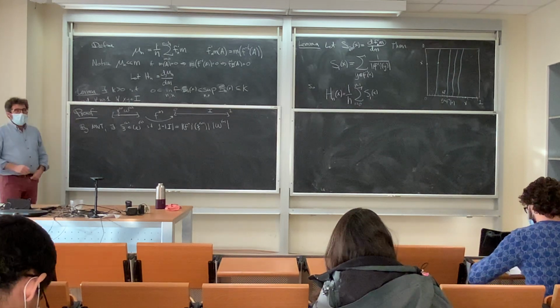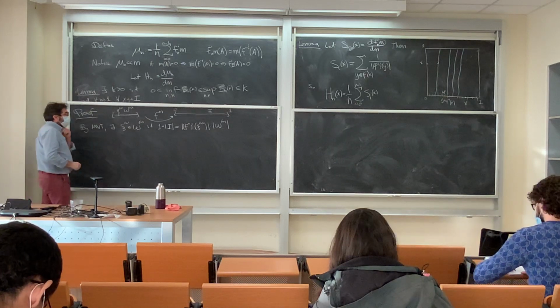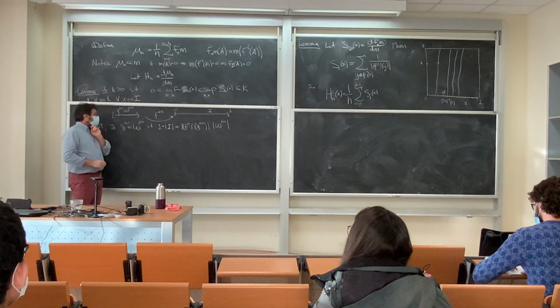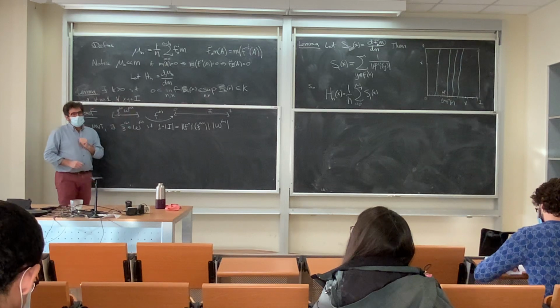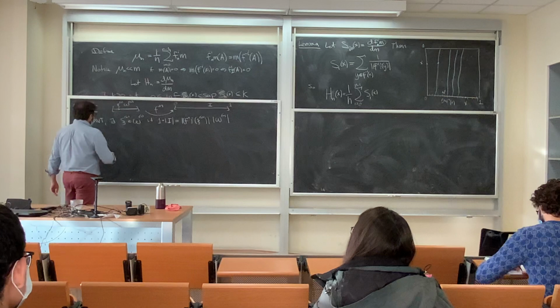Now, what does the bounded distortion say? The bounded distortion says that really the derivative at any point in omega_n is more or less the same, up to some multiplicative constant.